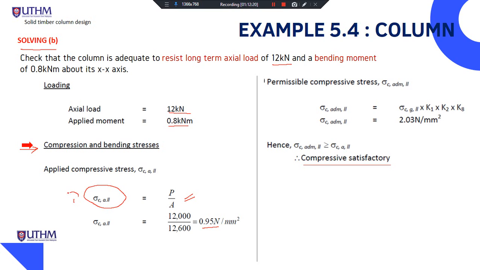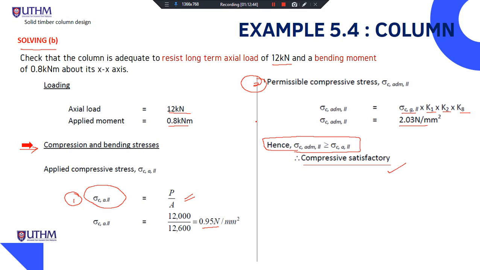This is our first calculation. The second calculation is the permissible compressive stress, equal to the compression parallel to grain multiplied with K1, K2 and K8. So it is equal to 2.03 Newton per millimeter square. So this is satisfied.